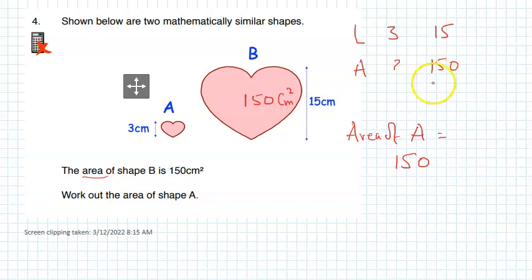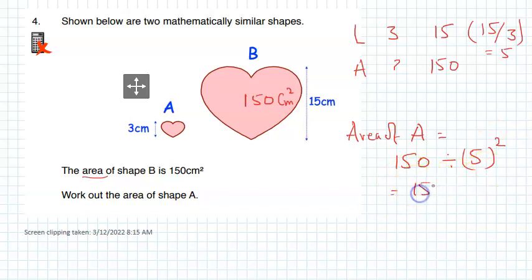Now you are not going to multiply here. The only thing is now we are going to divide. All the method will remain the same. First we find the scaling factor, 15 over 3, that is 5, and we are going to divide by it. Because it's an area, 5 is squared.